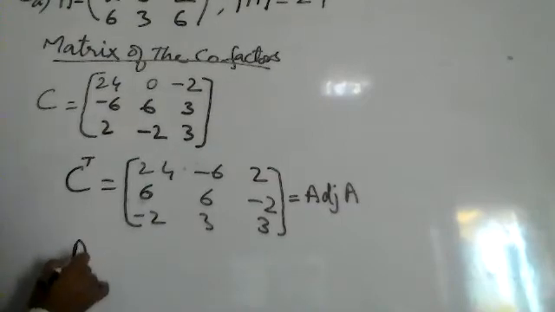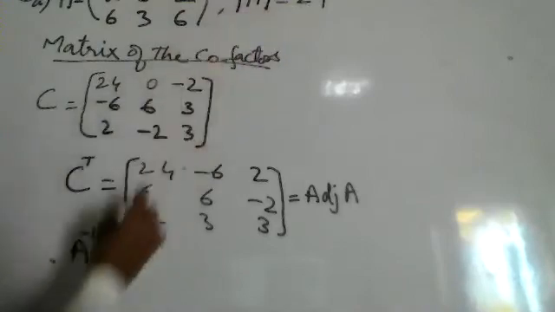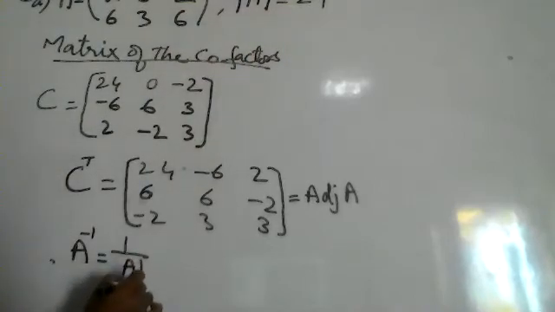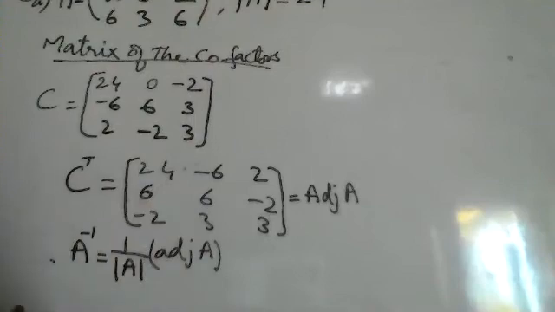A inverse will be equal to 1 upon the mod of A, the absolute value of the matrix, into the adjoint of the matrix A. A raised to power minus 1 means the inverse of the matrix A.